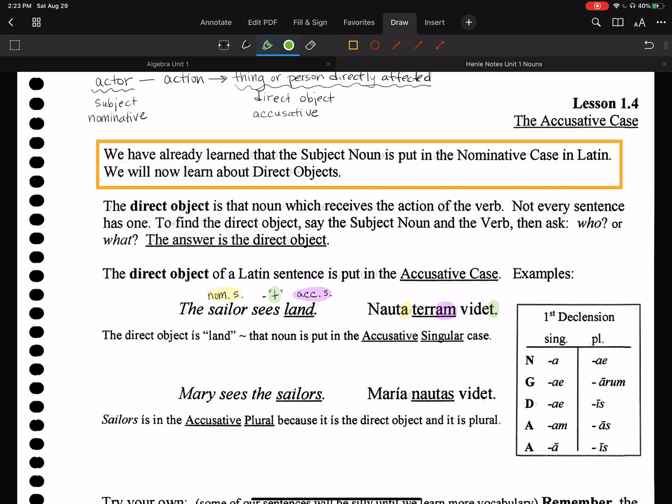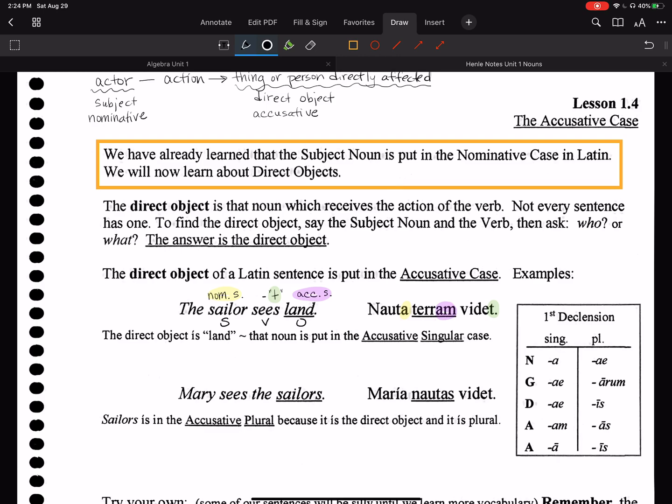And Latin is not. Latin prefers to have the verb at the end of the sentence. It doesn't always have to be there, just like English word order doesn't always have to be subject, verb, object. I mean, poetry messes that up all the time. That's why students don't like it. Well, same thing in Latin. It doesn't always have to be in the same order, but in English, it's S-V-O.